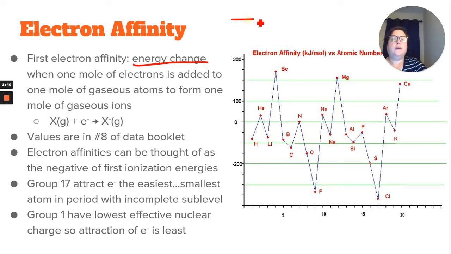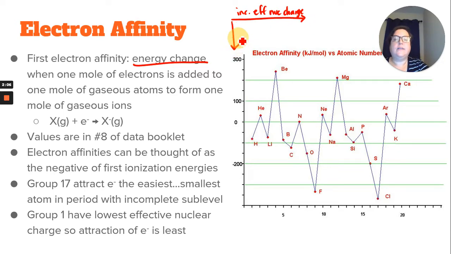So as you go towards fluorine, right, I guess we should note that group 18 isn't really discussed because that has a stable full octet. But as you go across a period, you're increasing that effective nuclear charge.